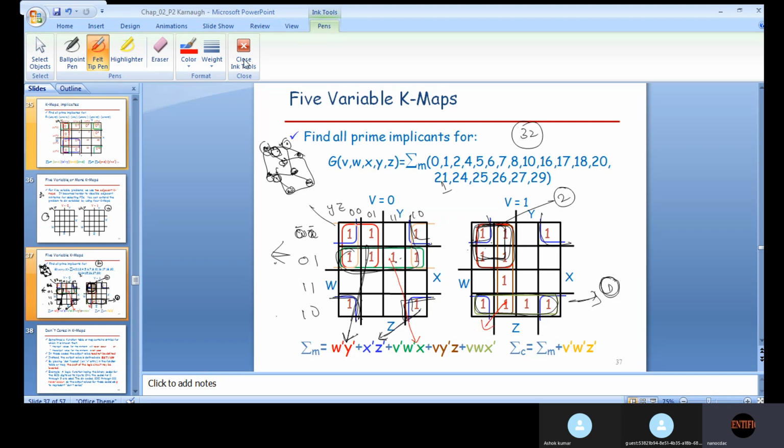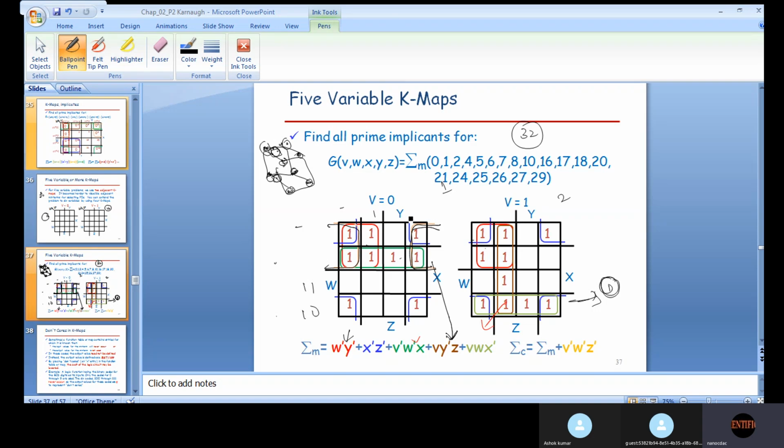Okay, v w x bar, like that. See, the concept here is that writing the equation is very easy, but you need to take the adjacent cells. There is another term here that I forgot: this one and this one. For this, the particular term is perhaps this one.